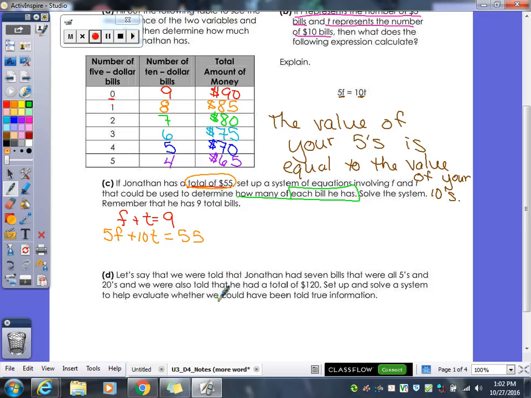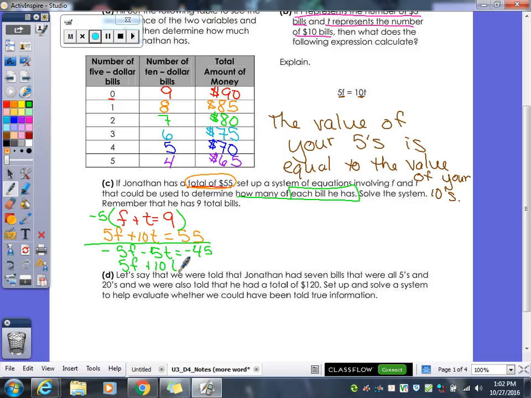So it doesn't matter how we solve this one. I would start by multiplying this one times a -5. So that would give me -5F minus 5T equals -45. Remember to multiply everything times that -5.